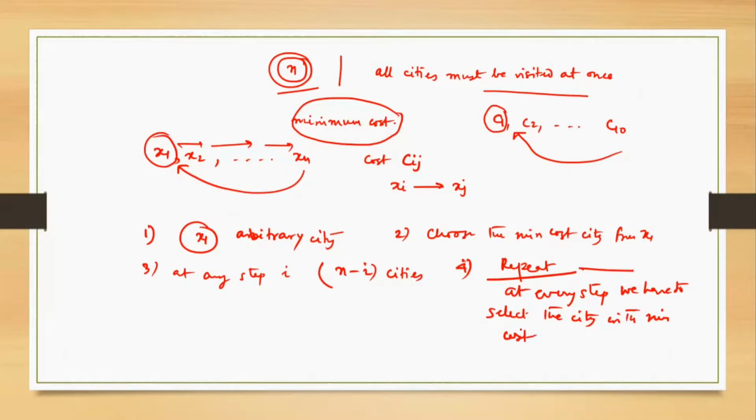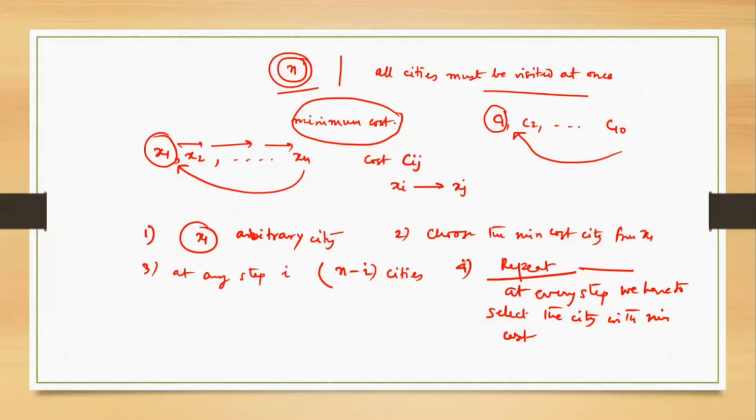The strategy applying the greedy method is very simple to understand. You have been given n cities, x1 up to xn. You start from an arbitrary city, suppose x1, and choose the minimum cost city from x1 in the very next step. At every step i, we will be left with n minus i cities.